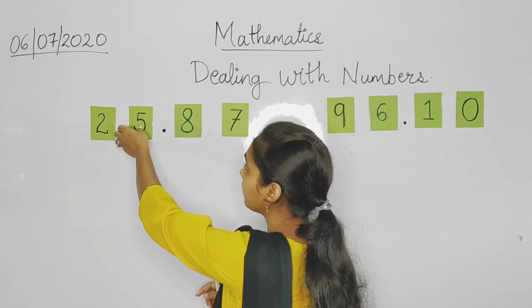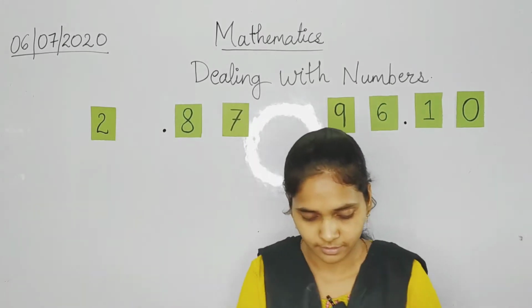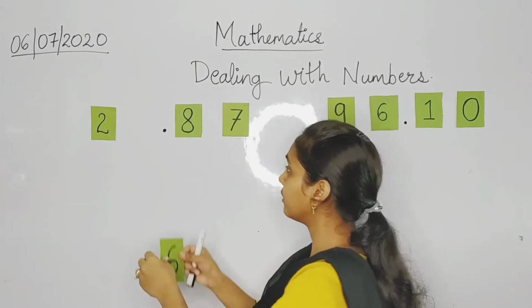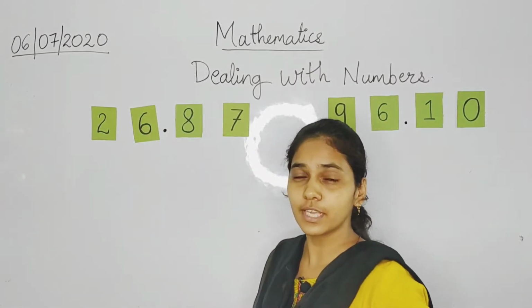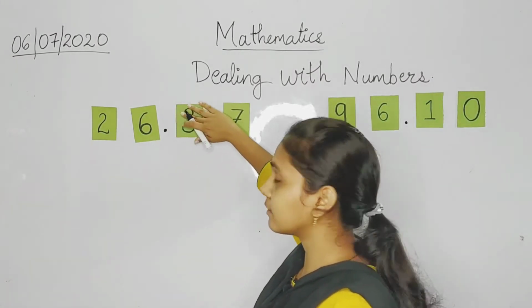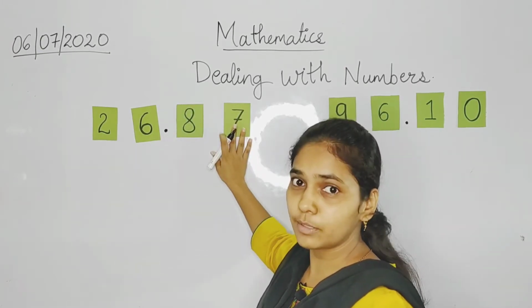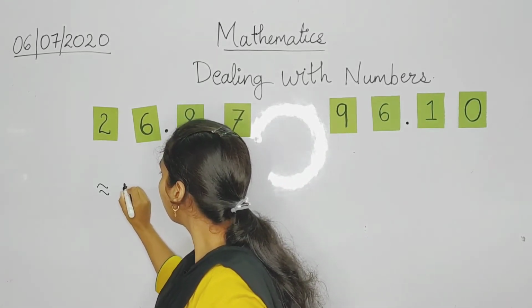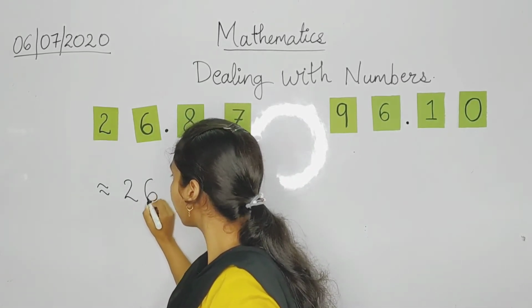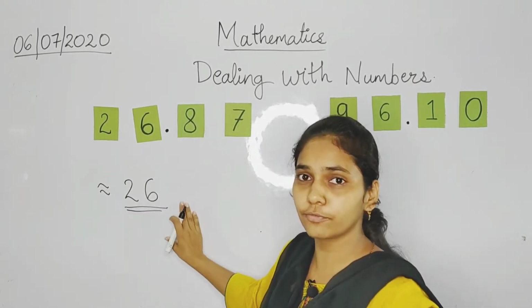So in place of 5, I write a 6. The rounded off number becomes 26, and after rounding off we don't write the number which is after the decimal point. So our rounded off number is 26. This is our answer.